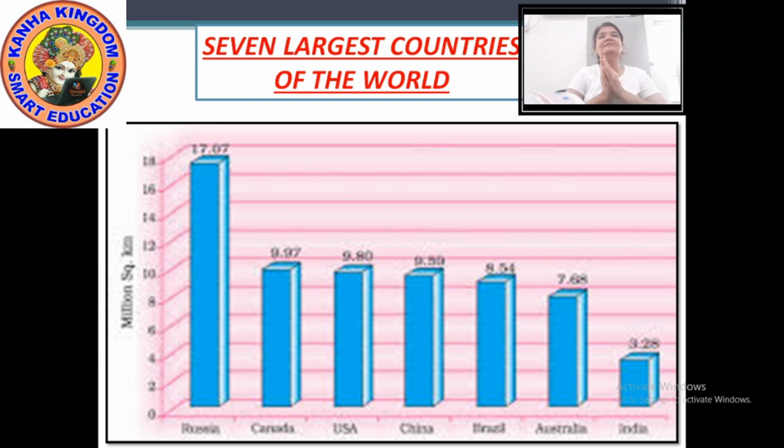As per million square kilometers, you can see it there. 17.07 million square kilometers is Russia, 9.97 million is Canada, 9.80 million is USA, 9.50 million is China.